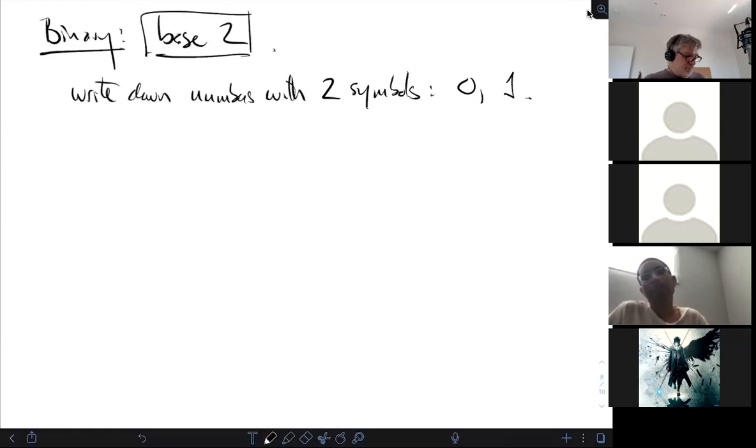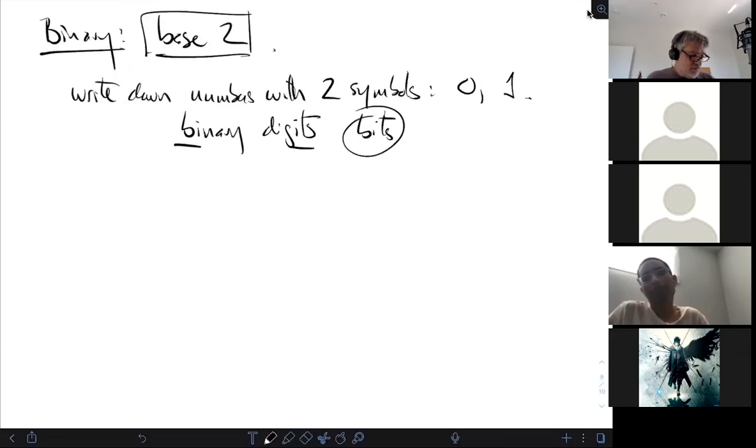These are the binary digits, which are also called bits, for binary digits. That's where it comes from. So these are the 2 bits. We're going to write down numbers using only 0 and 1.